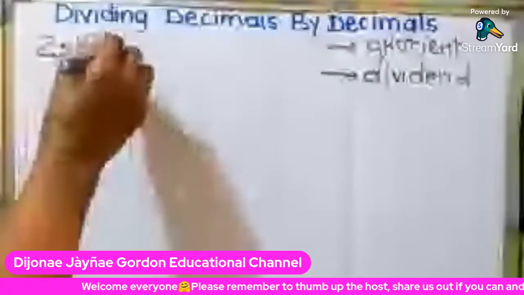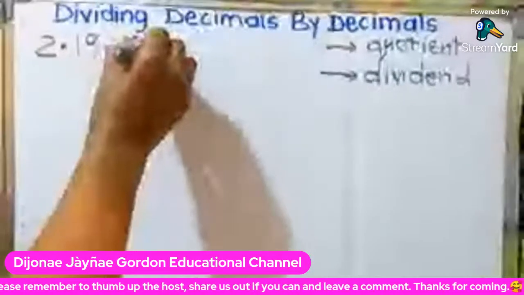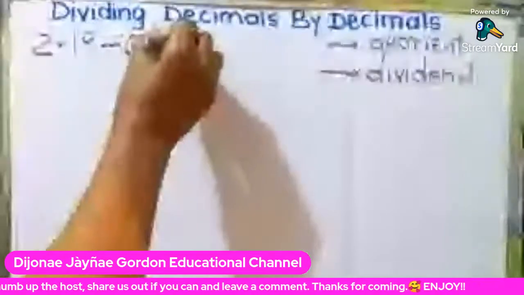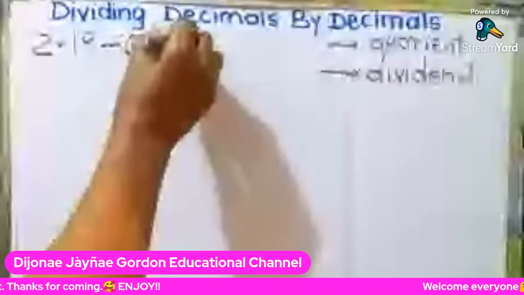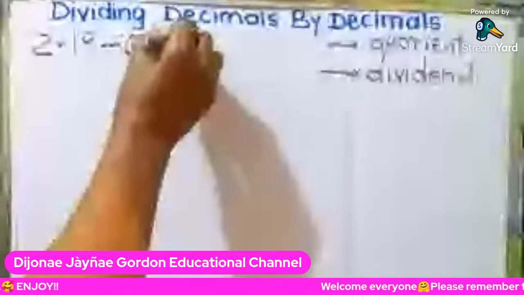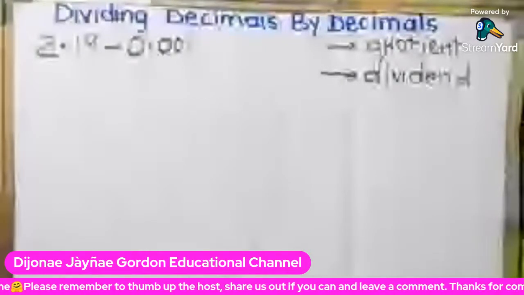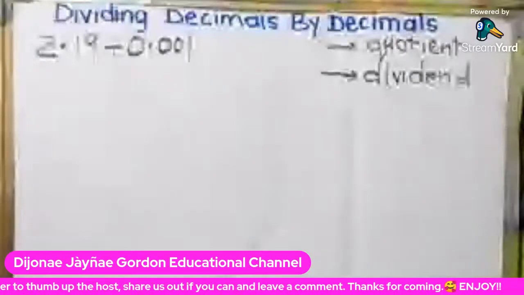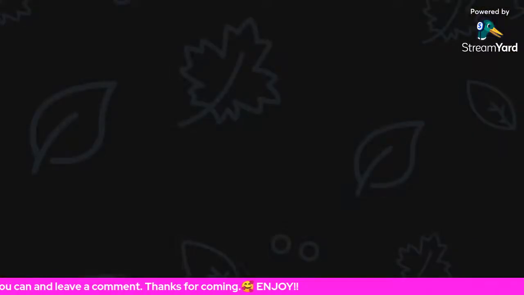And of course, we are dividing by 0.001. So that's the next problem we are doing. All right, let's go right ahead and work. We have to change our divisor to a whole number. This is your divisor.